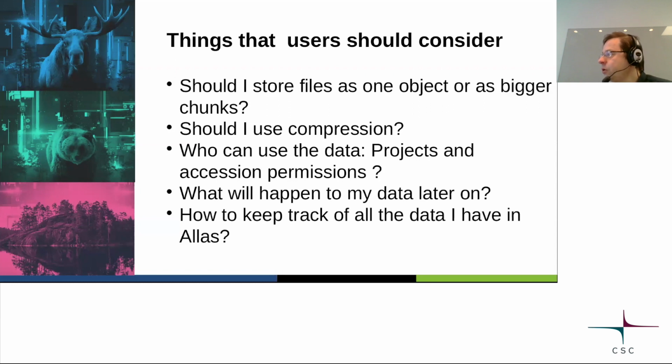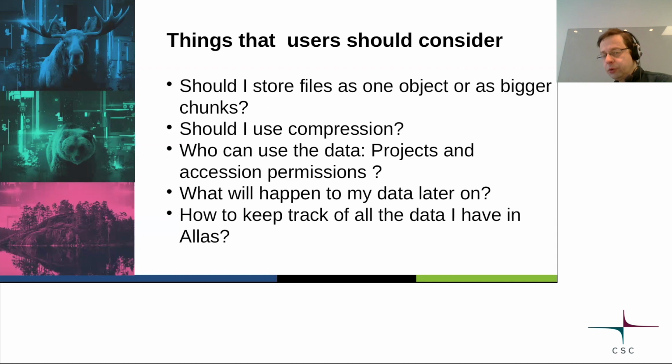For example, if you know that you randomly need to pick files from a large selection of files, maybe it's reasonable to store the data in this rclone manner, where you have one object matching each file you have been storing. But if you know beforehand that you typically use some dataset as one entity, then it's maybe easier to store the data as one entity, so that you just need to pull out one dataset, which contains several files when you open it.